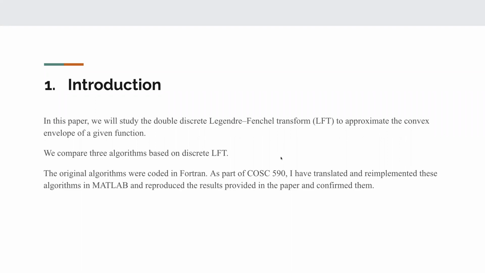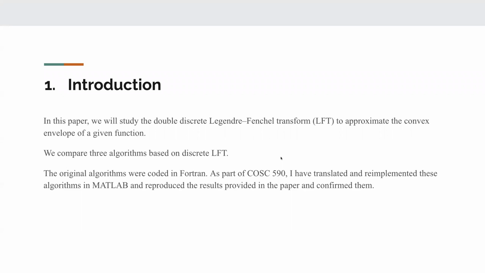And in order to do so, we are going to study the double discrete Legendre-Fenchel transform. And we are going to compare three different algorithms which are based on the discrete LFT. Just to give a background, these algorithms were originally coded in Fortran by the authors of this paper.